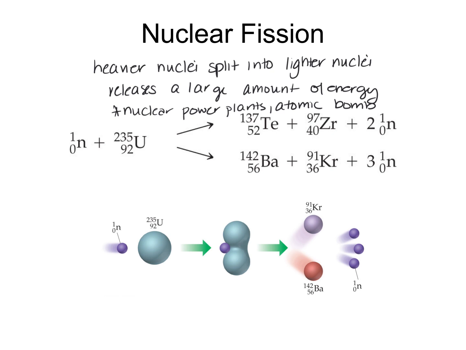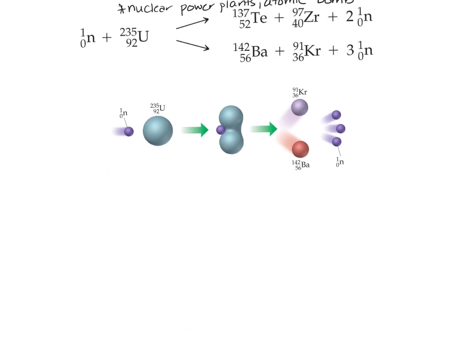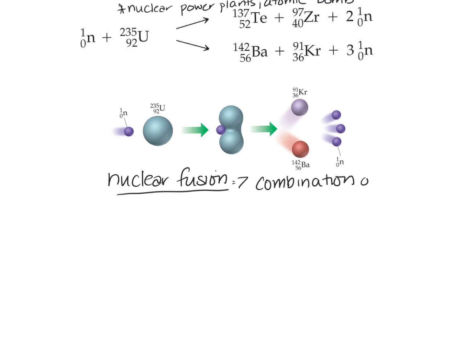The other thing I wanted to talk about, so we talked about fission. I want to talk about nuclear fusion. Right? And this is a combination of two nuclei forming a larger nucleus.